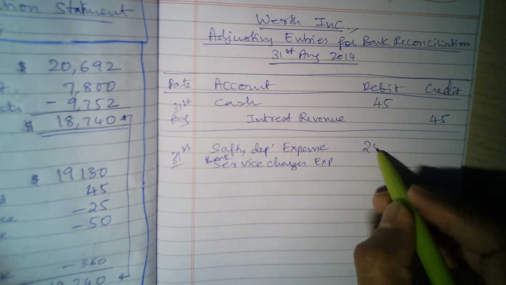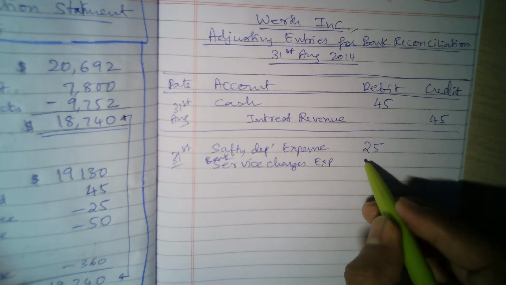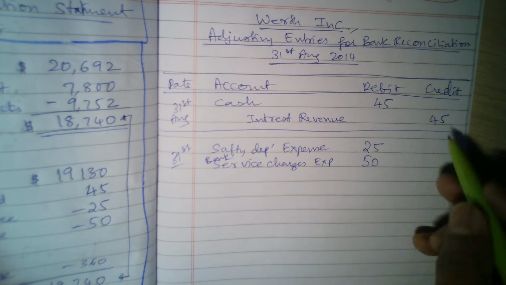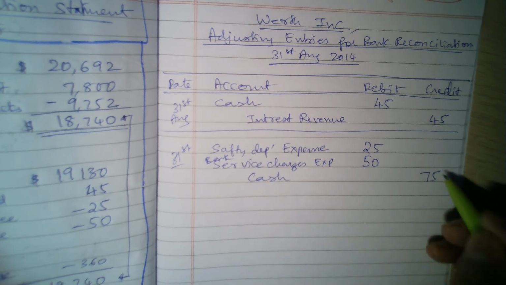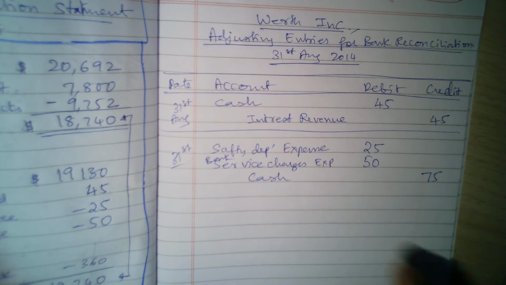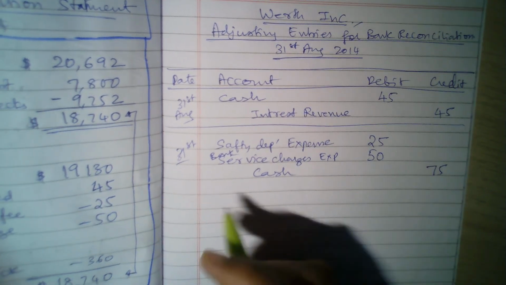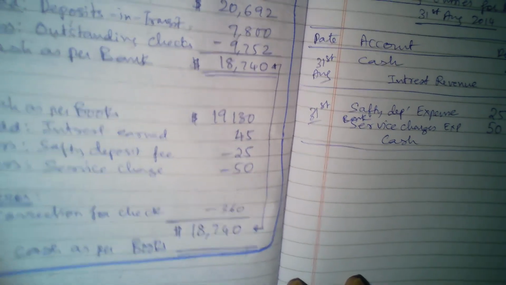Now this is 25 debit and this is 50 debit. Now cash is credited by the sum of these two, 75. So 25 plus 50, 75.